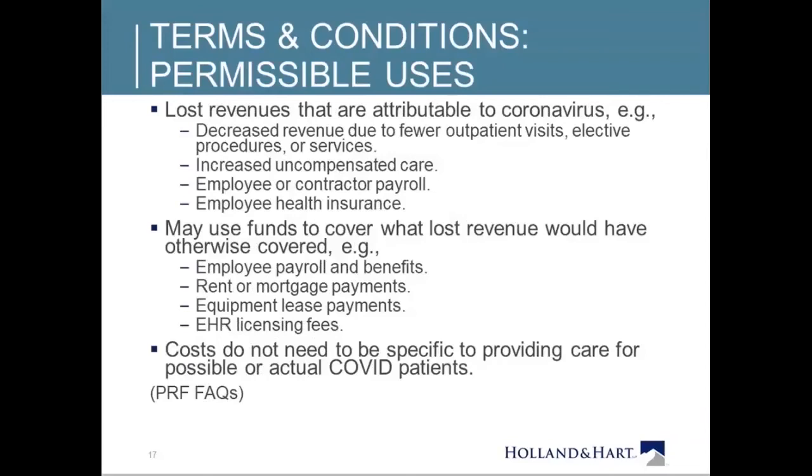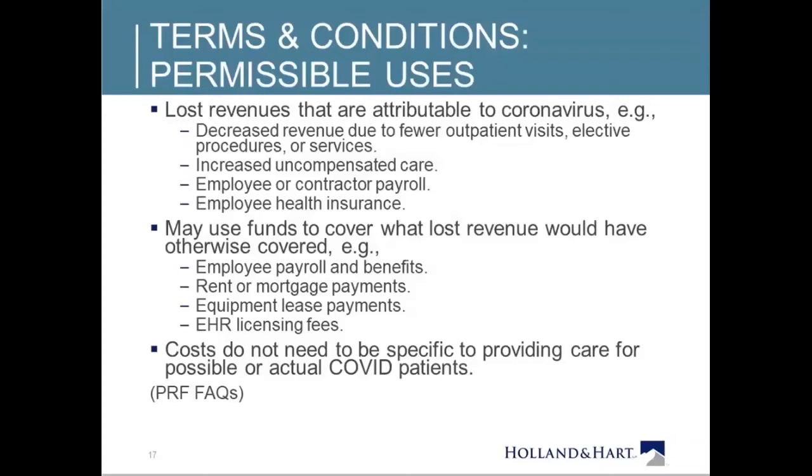But if, because of the coronavirus, you suffered decreased revenues, for example, due to fewer outpatient visits, elective procedures or services, maybe you had increased uncompensated care because people were showing up for testing or other types of services. You had additional employee or contractor payroll expenses because you had to hire new people.